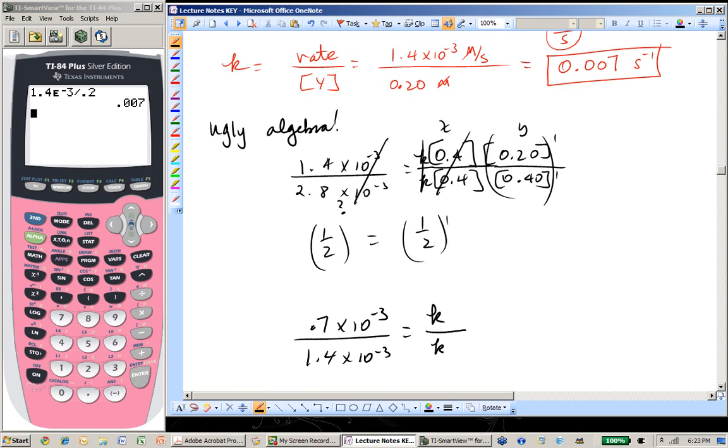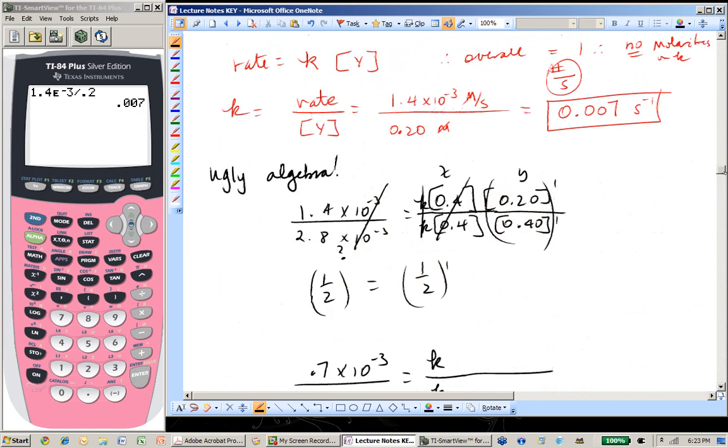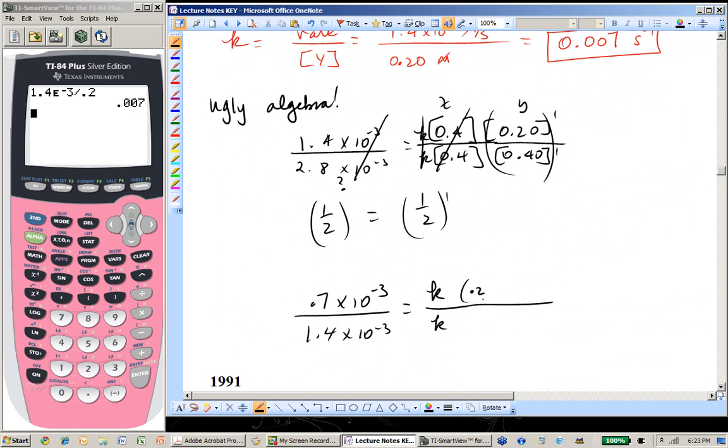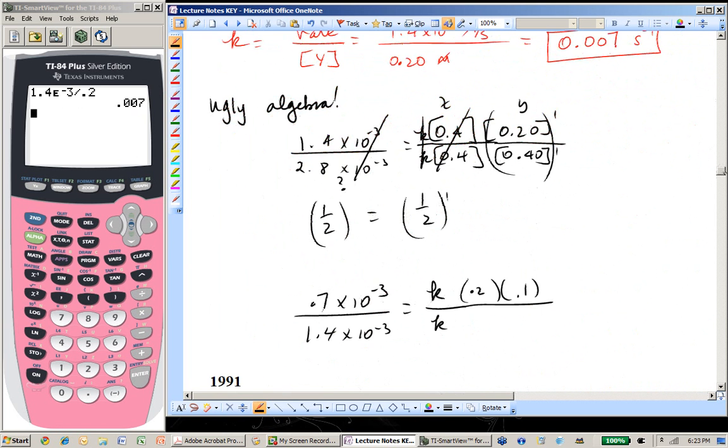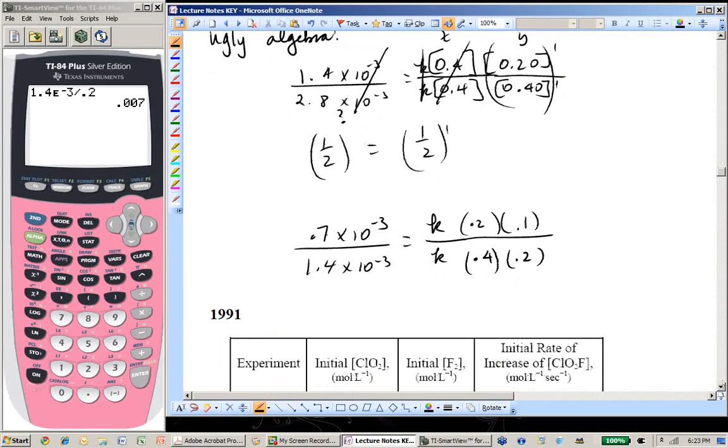The 0.7 line was 0.2, 0.1. 0.4, 0.2. 0.7, this cancels, this cancels. 0.7 over 1.4 is going to be 1/2.